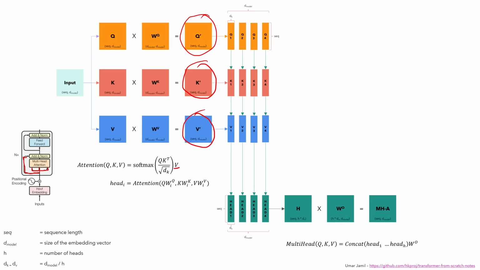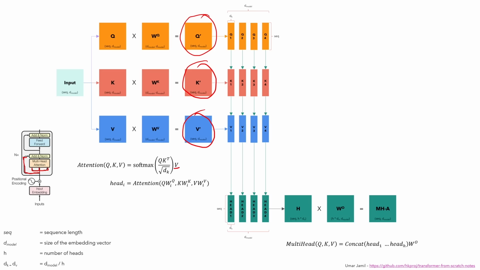For example, in the Chinese language, but also in other languages, one word may be a noun in some cases, a verb in others, or an adverb, depending on the context. So one head maybe learns to relate that word as a noun, another head as a verb, and another head as an adjective or an adverb. This is why we want multi-head attention.